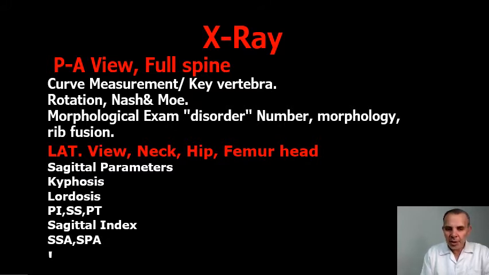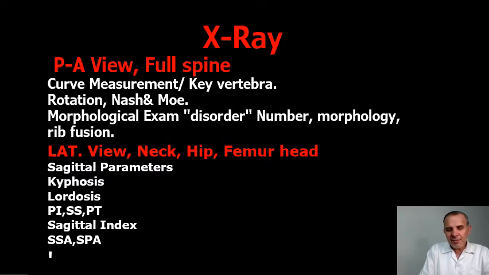We can also check the rib fusion, rib counts, vertebral fusion, vertebral numbers, and vertebral congenital anomaly as a step before we order an extra investigation or an extra tool to update or upgrade our diagnosis.